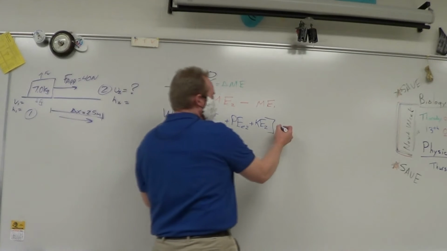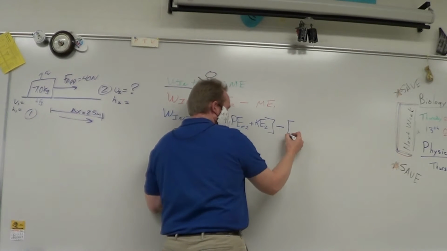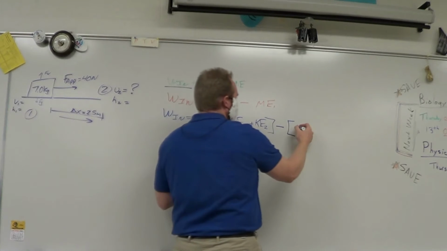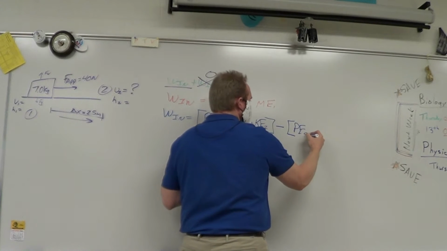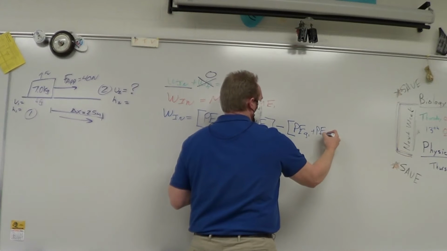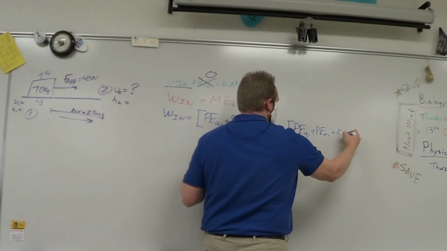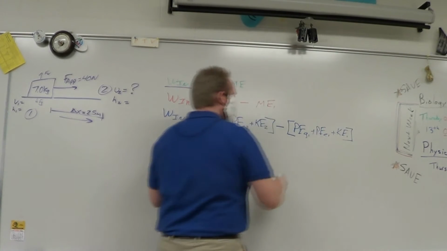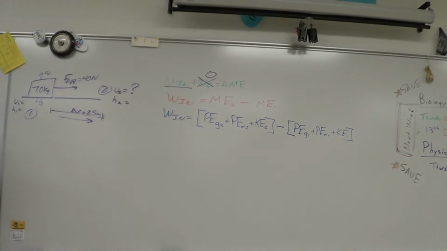And then it's minus bracket my ME1, which is my PEG1 plus my PEE1 plus my KE1. That's about as expanded out as we can get here. I guess we could have kept work done by friction in there, but we took care of that already.